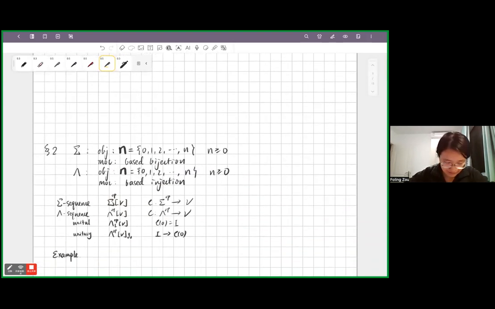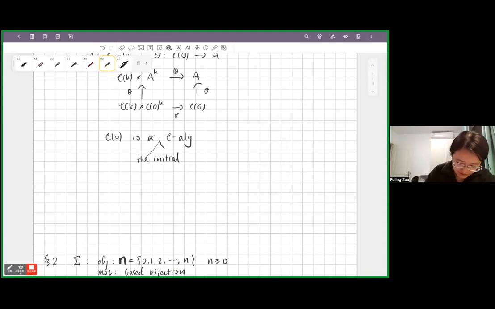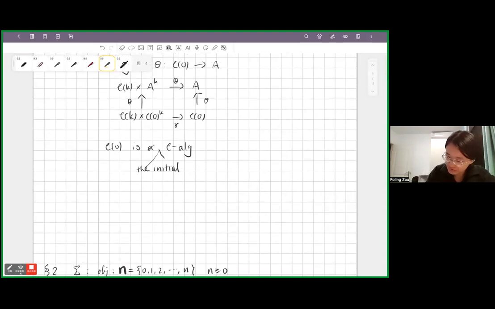Okay. So we say that the operad C is reduced if C0 is just a point, and we say it's based if we have a map from a point to C0.